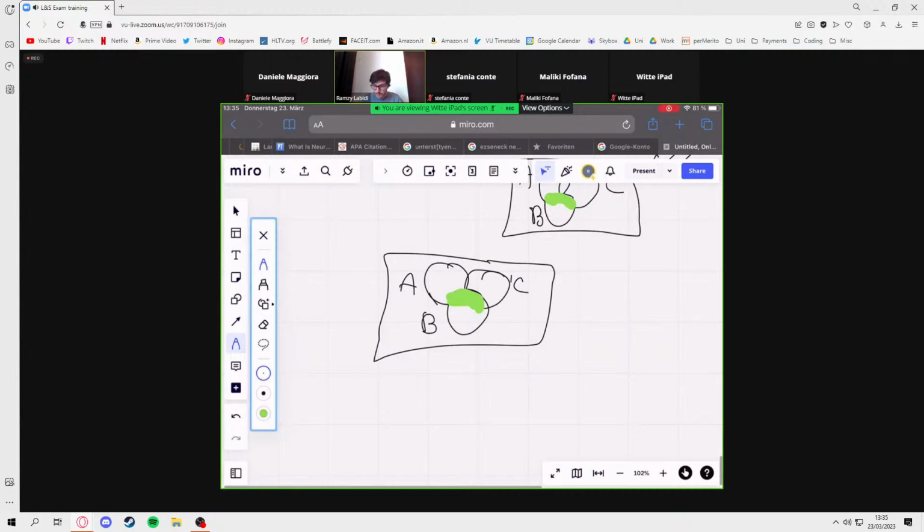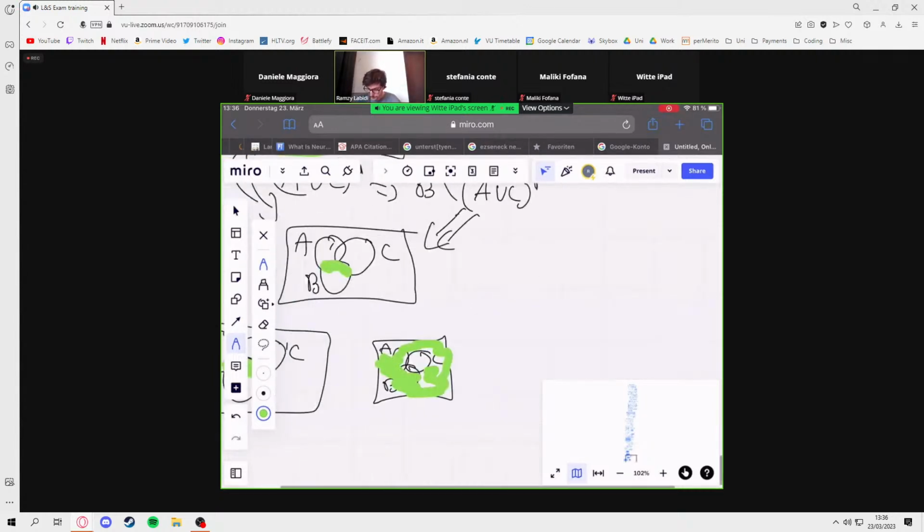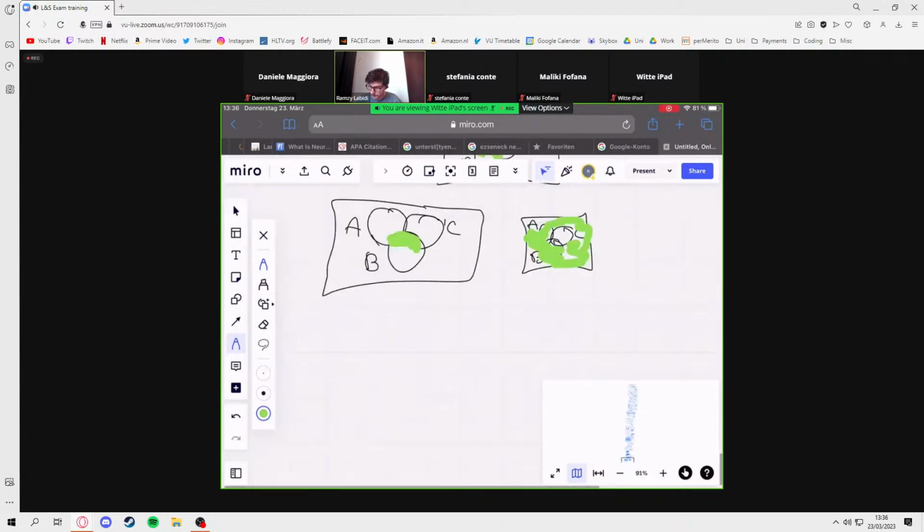And for C prime, we do the same. So for C prime, C complement is basically everything else that's not C. And then from there on, no, apologies.